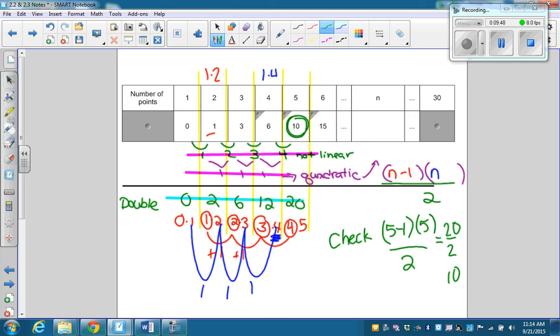Do you get that? Is it clicking? Oh, not that. The rule, sorry, I didn't have the rule in here: n times n minus 1 over 2. Yep. And then if we plugged in 30, you should get 435.